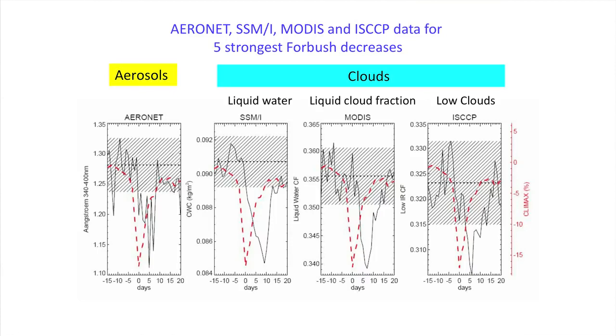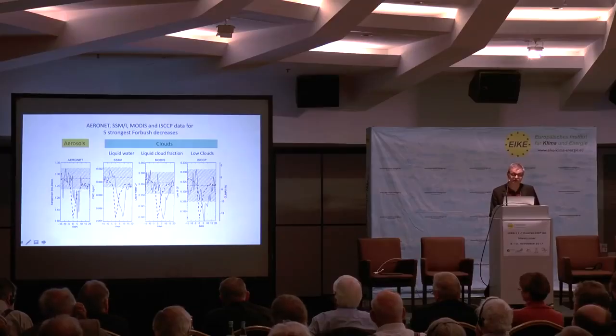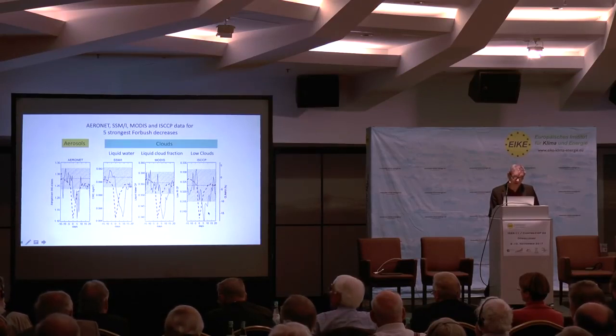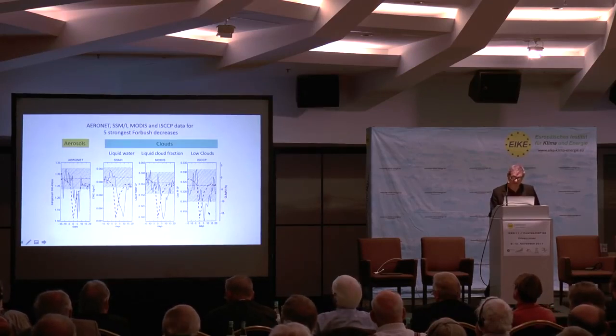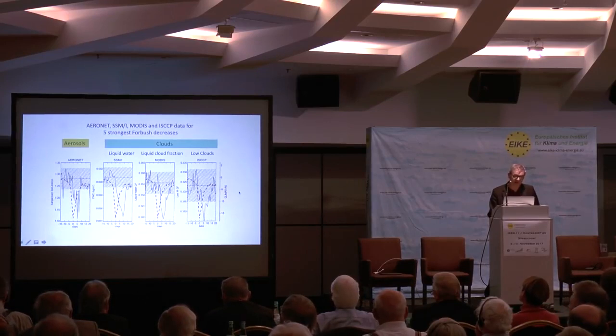Now, this was published in 2009, and just last year, we published a very large paper on this whole problem, where we went through all the details, and Nia is also part of this work, but I'm not showing it because there's so much detail in it. But it all points to the fact that it can be explained by changes in cosmic rays.